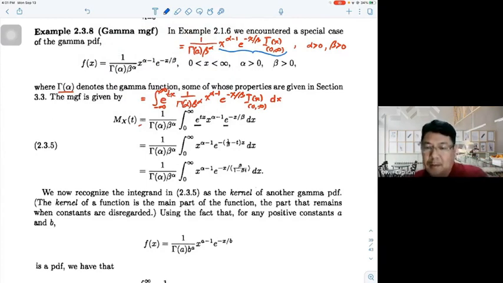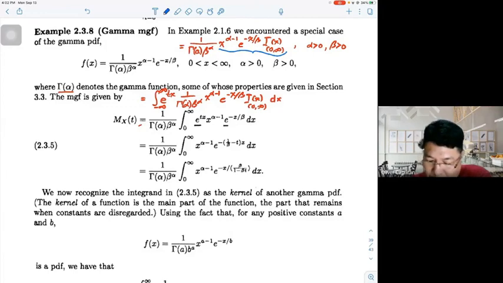If small f of x is our probability density function, itong naka-blue na expression or product here, we call it as the kernel of our function. So when we say kernel of our function, yan yung maiiwan, no? When we're going to disregard the constant. So, ang constant part dito yung 1 over gamma alpha and then beta to the alpha. So, kernel. We call this as the kernel of our function.